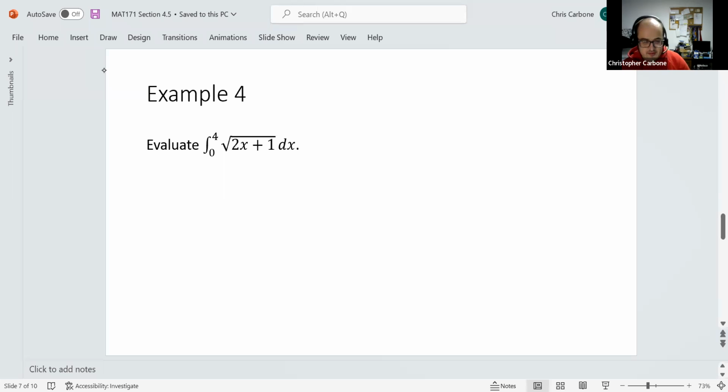So what does that mean? Well, here's an example. Example, evaluating the integral from 0 to 4 of the square root of 2x plus 1 dx. So we are going to let u be 2x plus 1, and our differential du would just be 2 dx. But since there's no 2 in that, we're going to divide by 2.